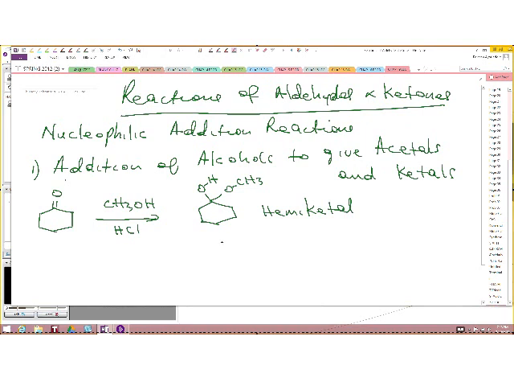If on the other hand, we make 2 moles of the alcohol available using the same ketone, HCl as a catalyst, we will obtain this.